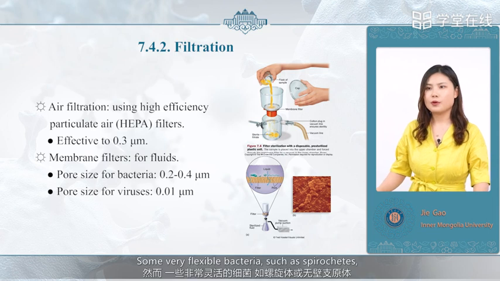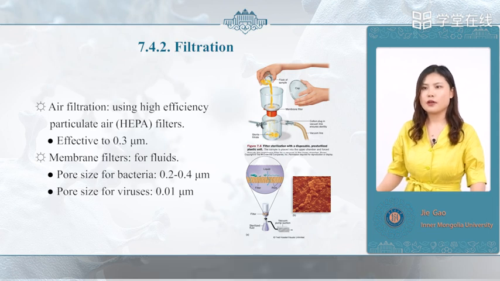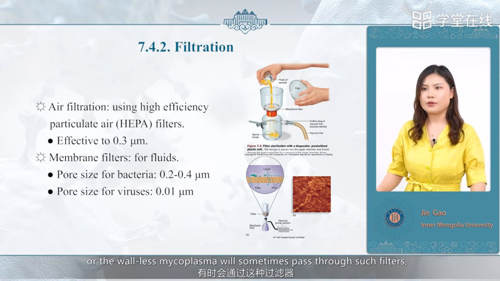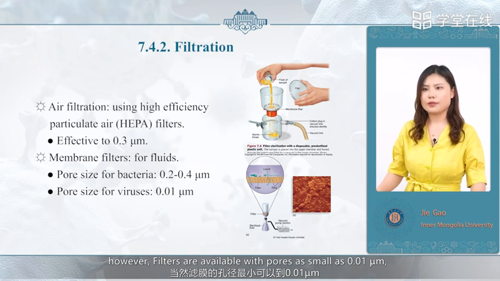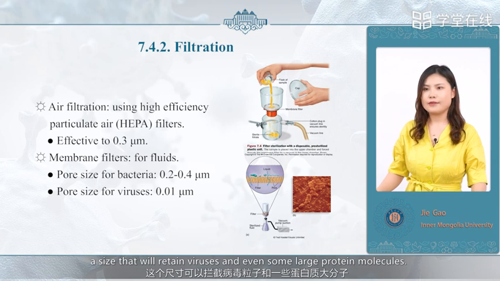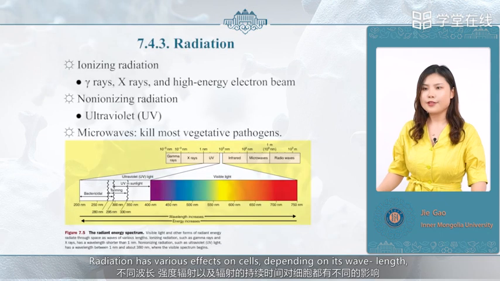Some very flexible bacteria, such as spirochetes or the cell-wall-less mycoplasma, will sometimes pass through such filters. However, filters are available with pores as small as 0.1 micron, a size that will retain viruses and even some large protein molecules.